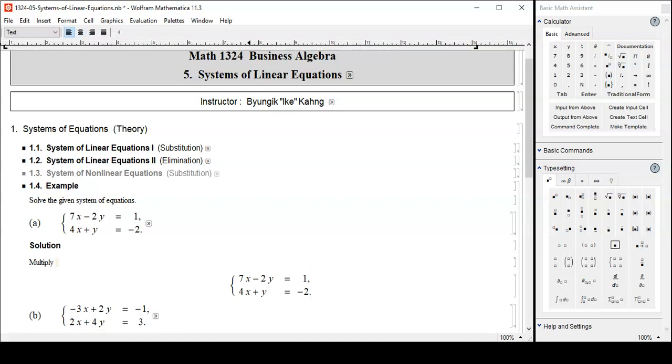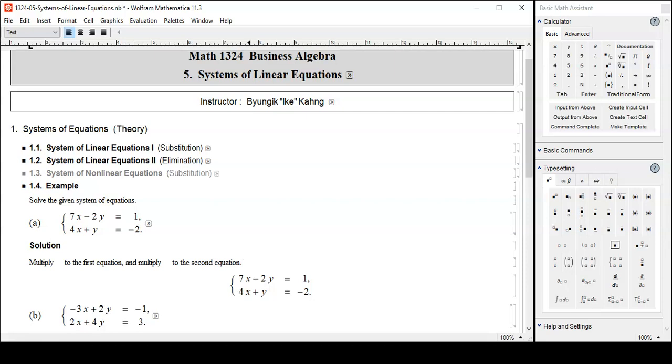Multiply something to the first equation, so that I can set up appropriate addition or subtraction. So what would you do?